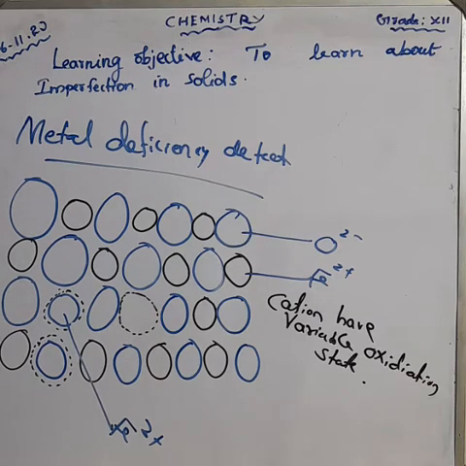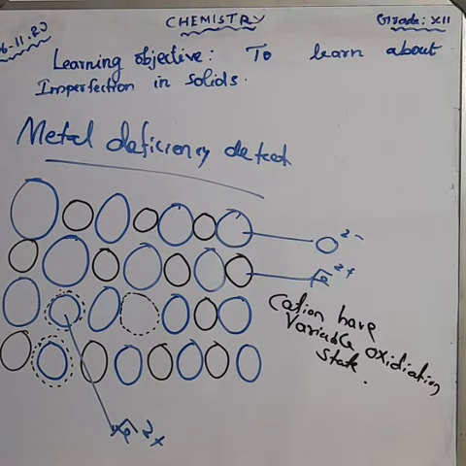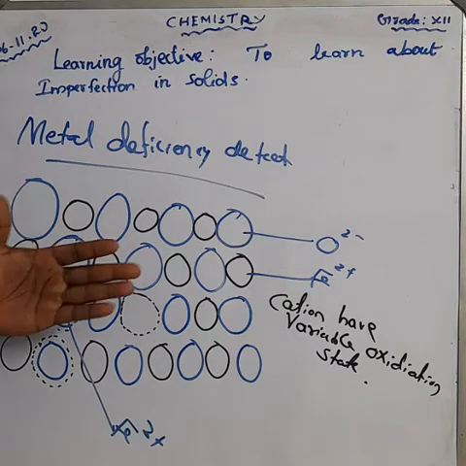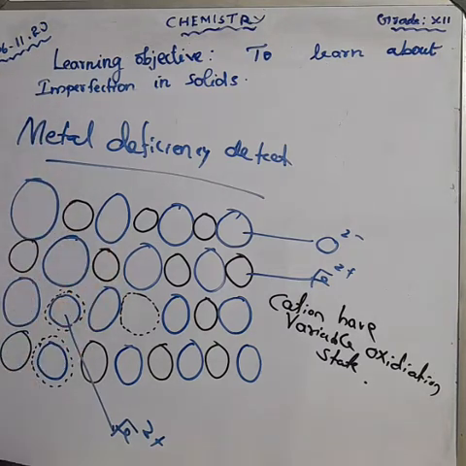For example, the FeO crystal. Some of the Fe2 plus ions are missing from the crystal lattice. Here we should maintain electrical neutrality.